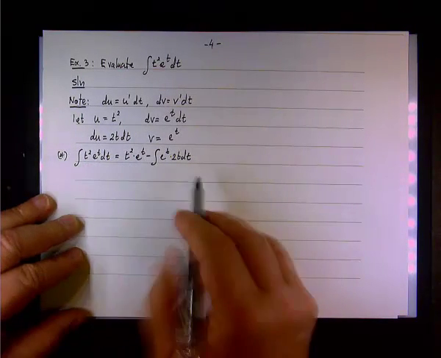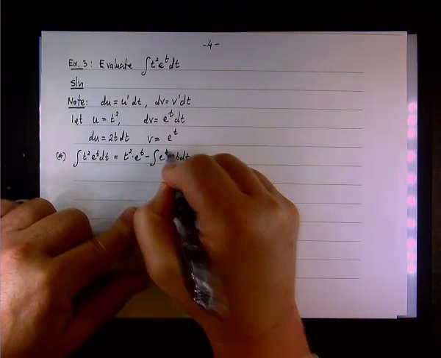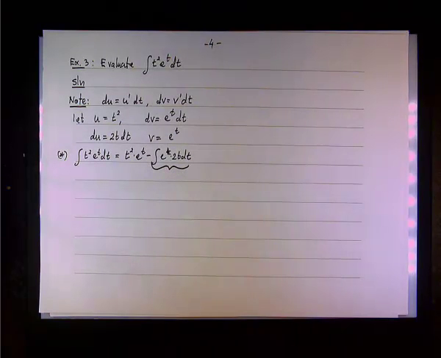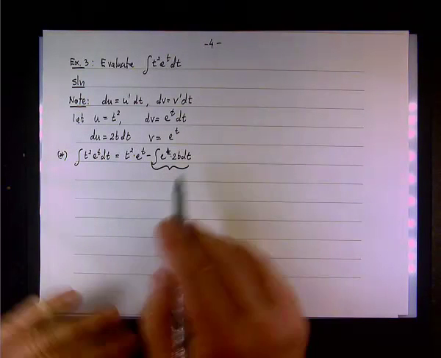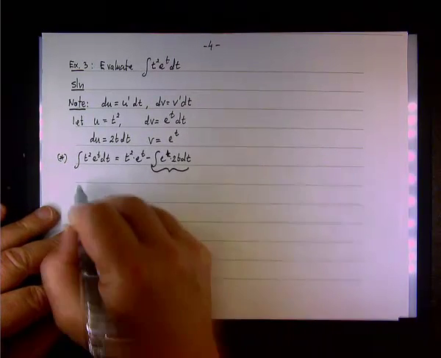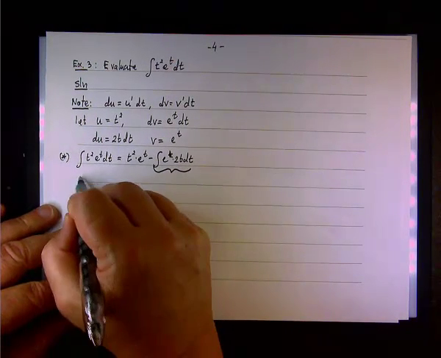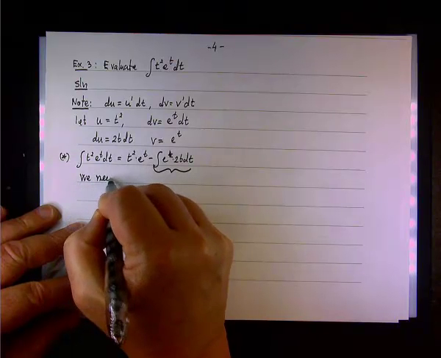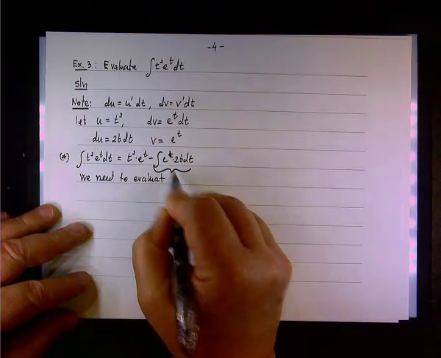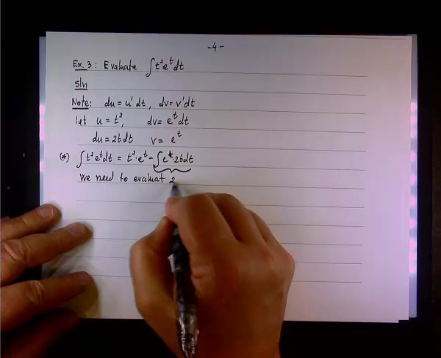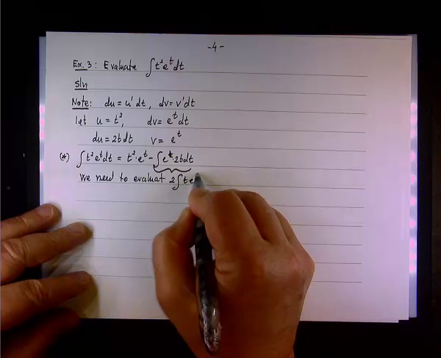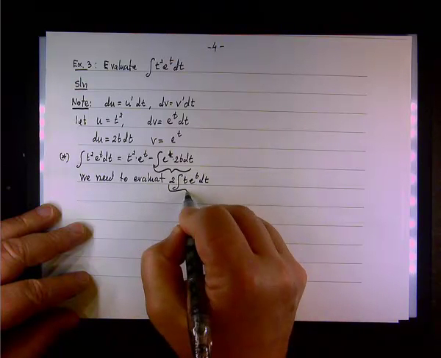We'll call this equation star because we are still not out of the woods here, because we have this integral, I denote it in the curly bracket. So I need to work on this integral. We need to evaluate, I'm going to rewrite this, it will be 2 times the integral of t e to the t dt.